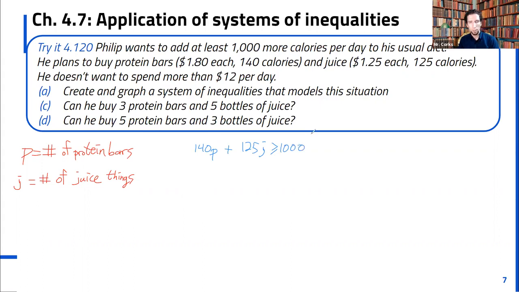All right, let's think about this and go back, look at our problem again, make sure it makes sense. So the number of calories in one protein bar is 140, and we multiply that by the number of protein bars, so total calories from protein bars, and then also number of calories from juice times the number of juice units will give us total calories from juice.